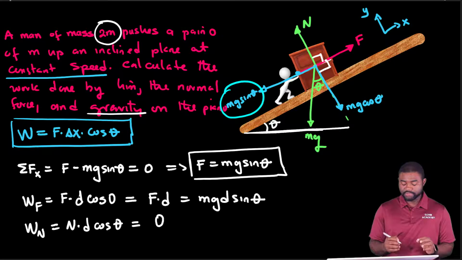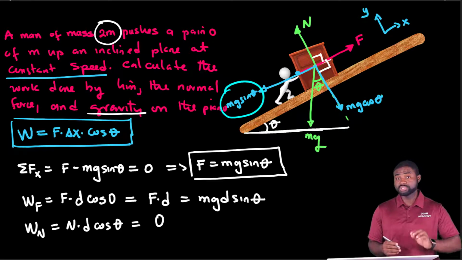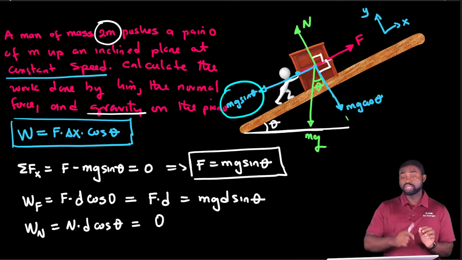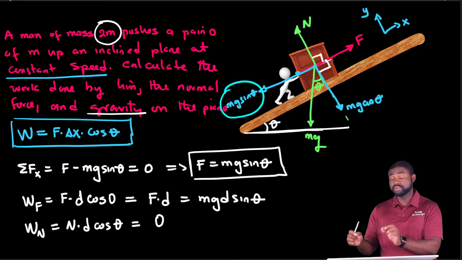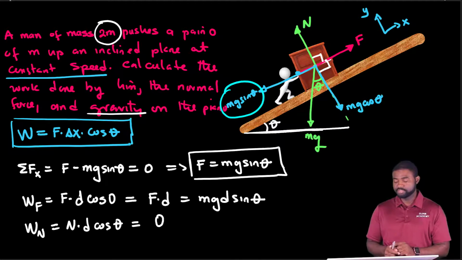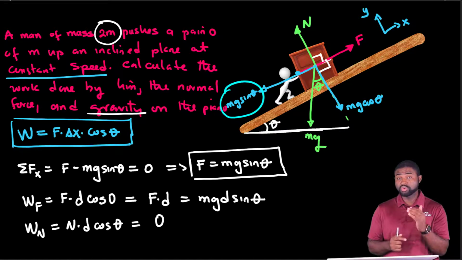Now, generally, by definition, listen attentively, the work done by a force is equal to the component of that force in the direction of the displacement vector, multiplied by the magnitude of the displacement vector, multiplied by the cosine of the angle between that component and the displacement vector. So there are two ways we can calculate the work done by gravity. The first is to look at the component of gravity in the direction of motion.